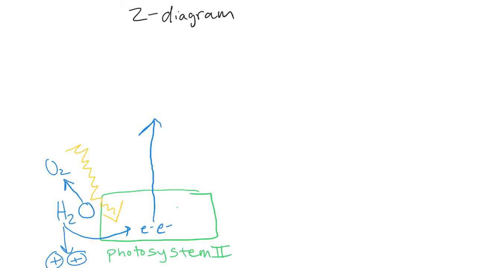And our next chain of events is plastoquinone, is what it's called. And it accepts the electrons at the higher energy state.